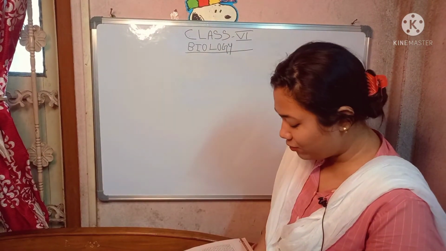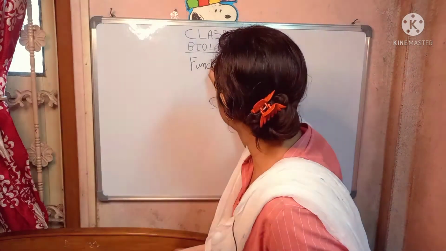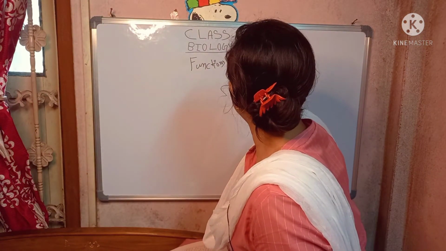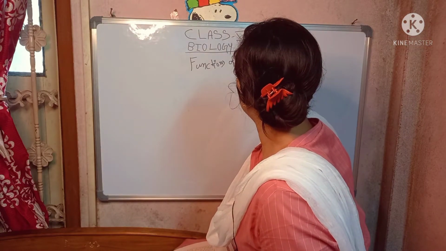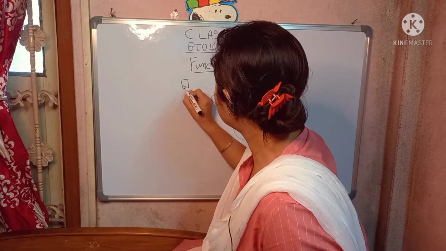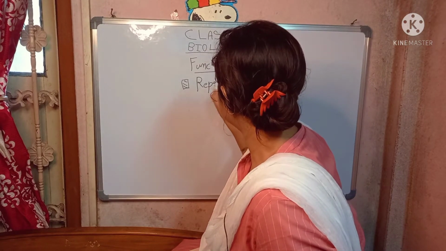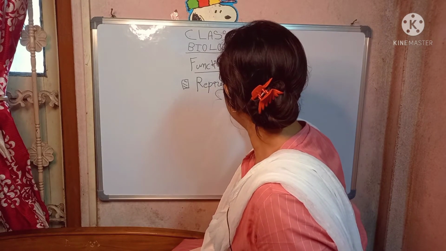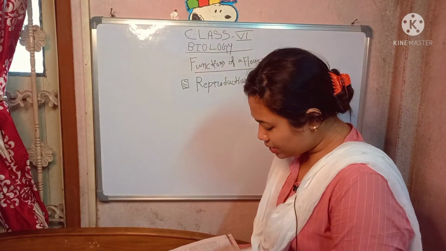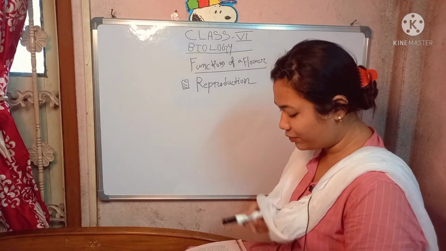So, in the case of functions of a flower, the main point is reproduction. Okay? Right? The first step for achieving this is pollination, and the second step is fertilization.